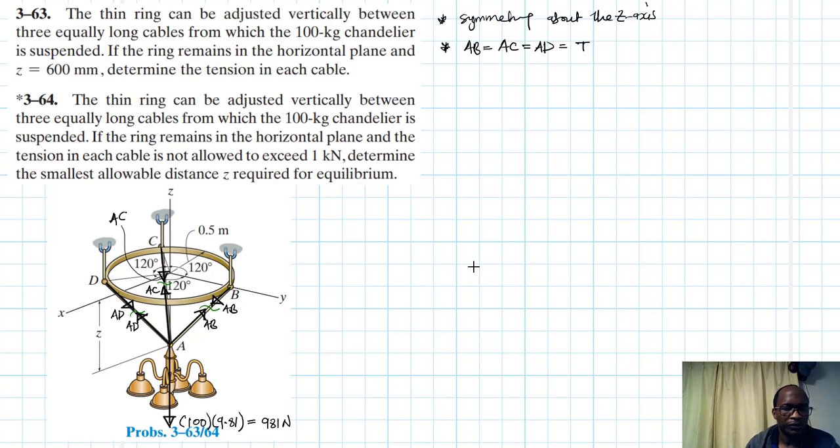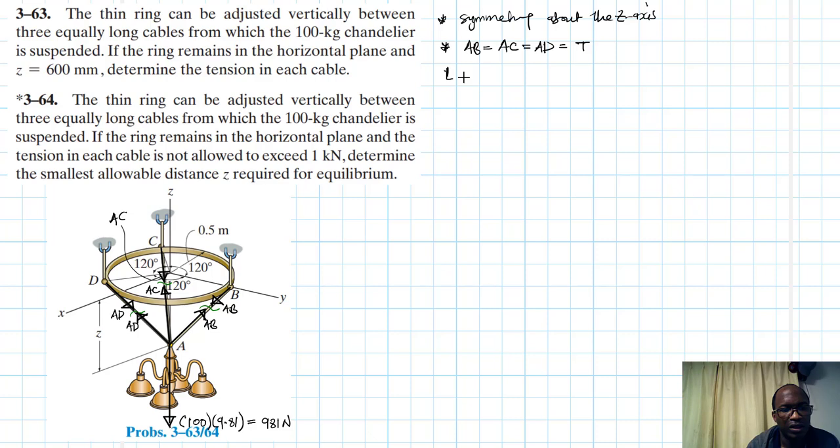Now we are concerned with the vertical components. Let's find the angle; the vertical slope we expect to be the same. So let's find the length.